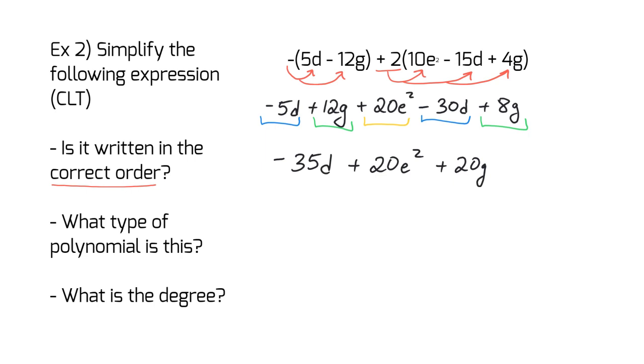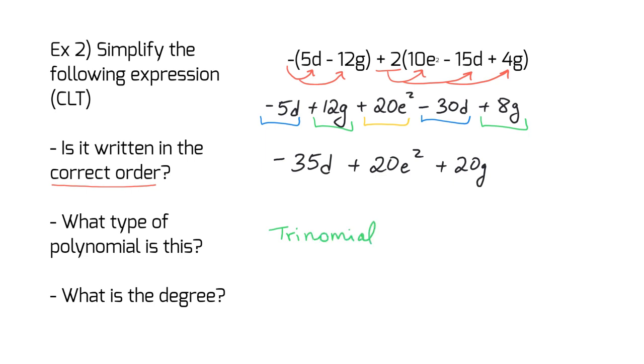So here it is more important for this to be in alphabetical order than to be in exponential order. We worry more about exponential order when all the letters are the same. But since they're not the same, we worry about alphabetical first. So we've distributed, we've collected, we've ordered it. What type of polynomial is this? There are 3 terms, so this is a trinomial. What is the degree?